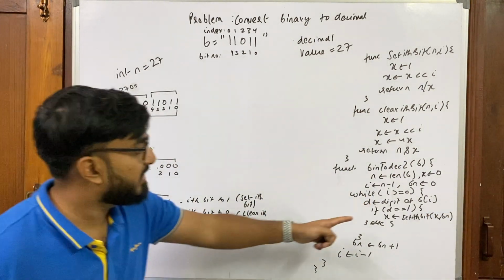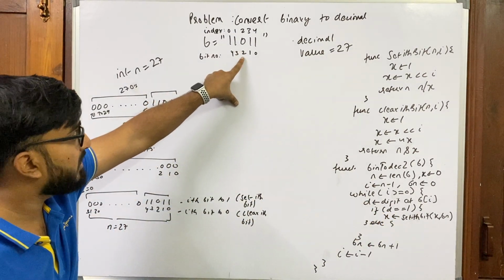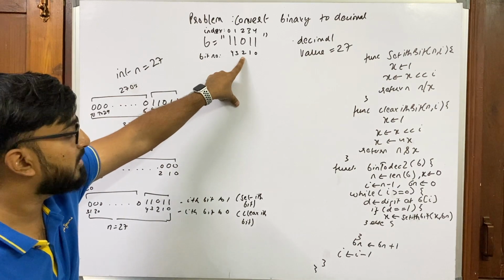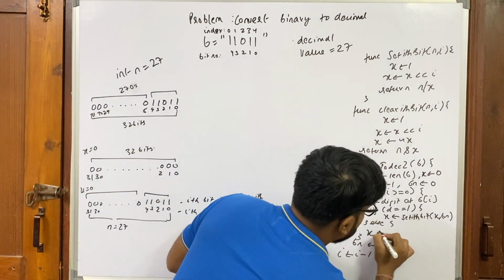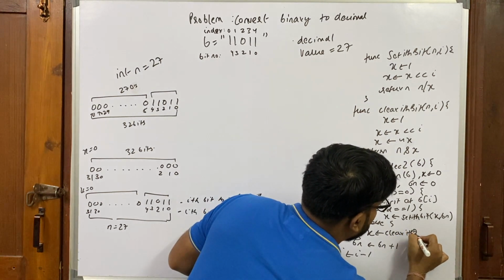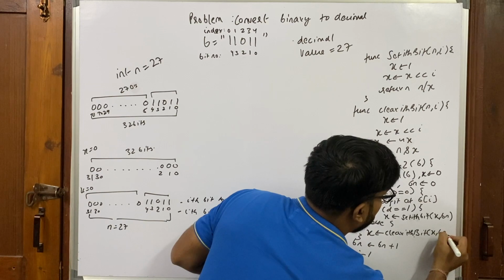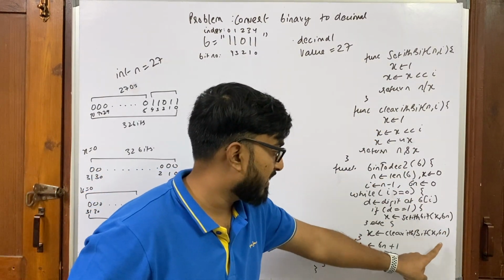If d is 0, that is for bit number bn you have to clear the bit number bn in x. So we say x is clearIthBit passing x and bn, which is basically calling this function to clear the bit number bn in x.